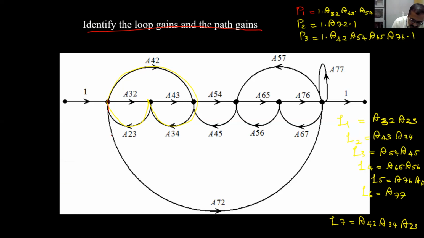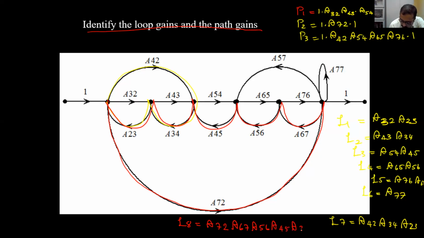See, A72, 46, 56, 45, 34, 23. That's another loop. Okay. So L8. What is L8? L8 will be A72, A67, A56, A45, A34, A23. Okay. That is the 8th loop.